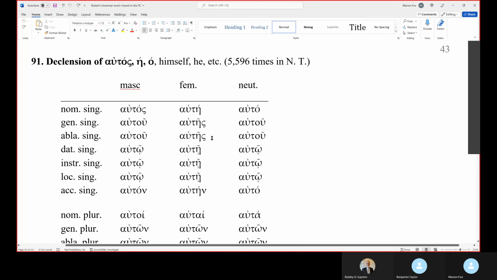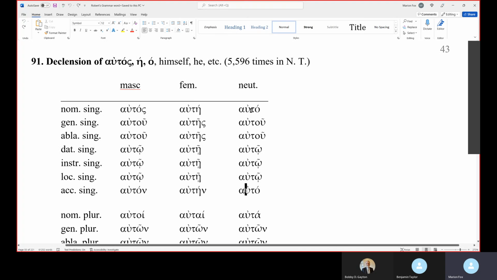All right. Now, your accusative forms are here. Nominative masculine singular and accusative masculine singular are different forms. So the accusative, we don't have a problem there. The neuter nominative and neuter accusative are always the same form in all your pronouns.